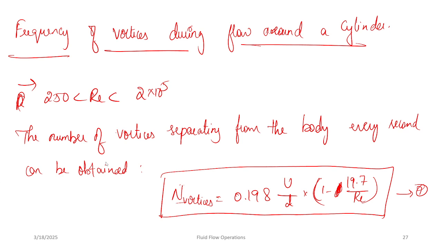So let's try to solve a problem. Let me write down the question first. A 2 mm diameter wire stands erect in air. So this is basically a cylinder.